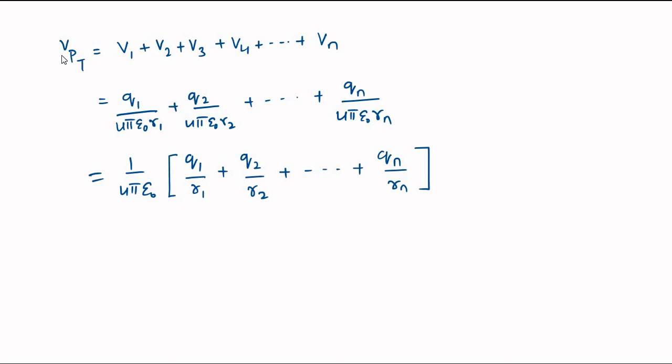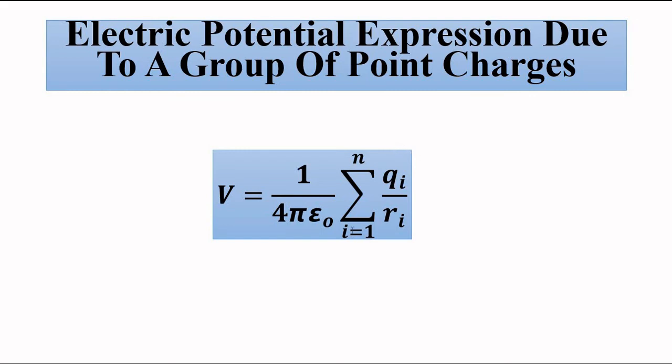Or we can express it as V at P due to multiple point charges equals 1 by 4 pi epsilon 0 summation from i equals 1 to n of Qi by Ri. This is the expression for electric potential due to a group of point charges.